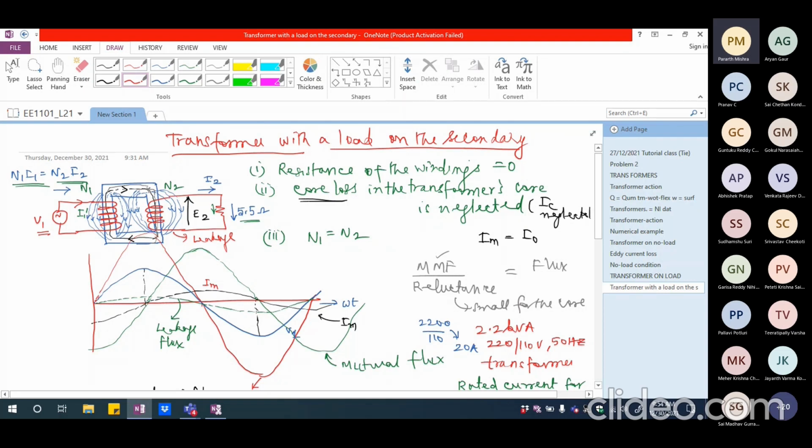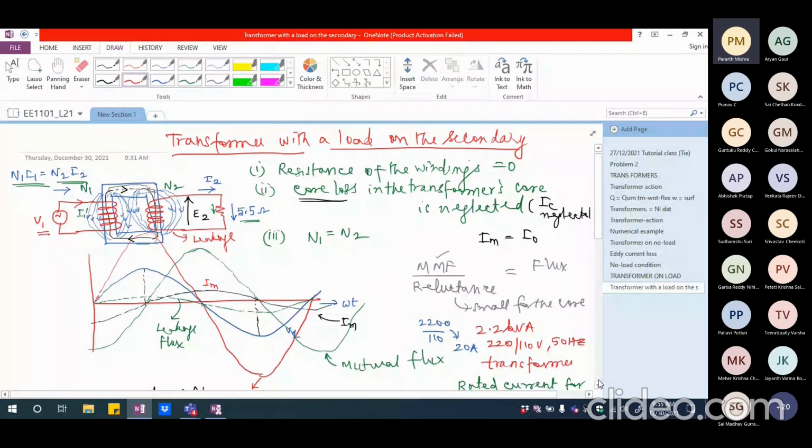So we are going to say that this leakage inductance, leakage flux, is going to induce an EMF in the primary winding, that can be considered as a drop, which is an inductive drop.